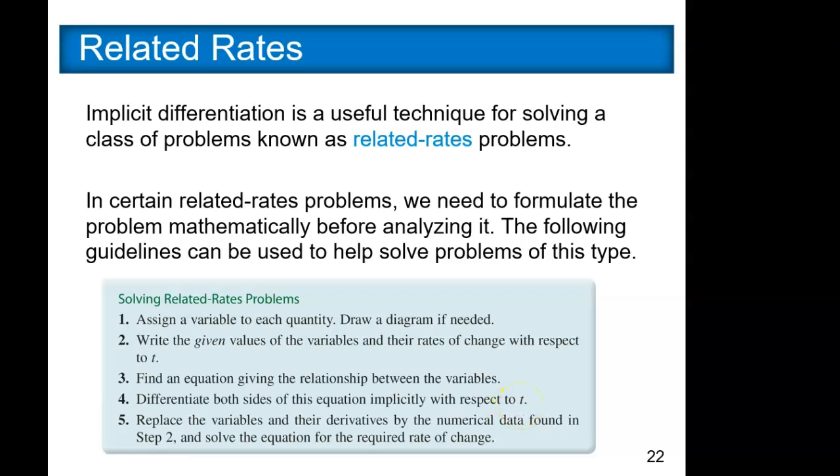So instead of differentiating with respect to x, you're going to differentiate with respect to t. Then you're going to replace the variables and their derivatives with the numerical data found in your problem and then solve for the required rate of change. Okay.